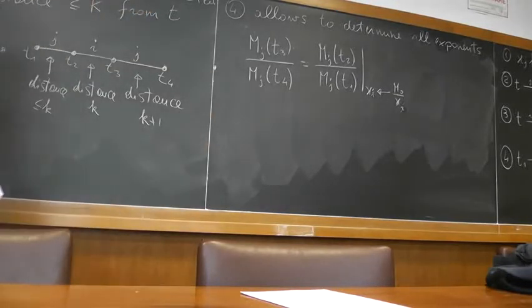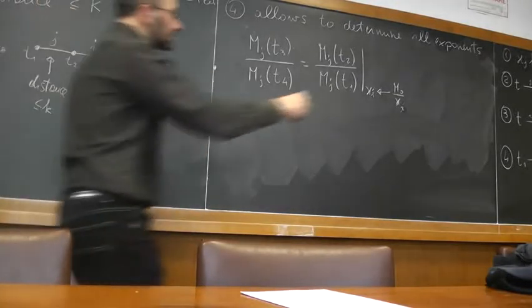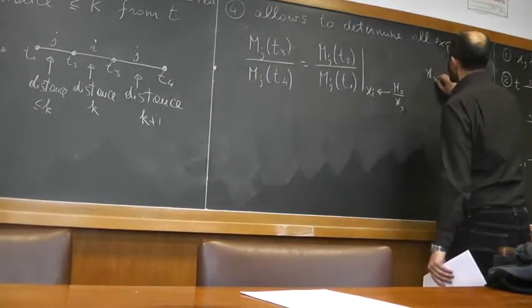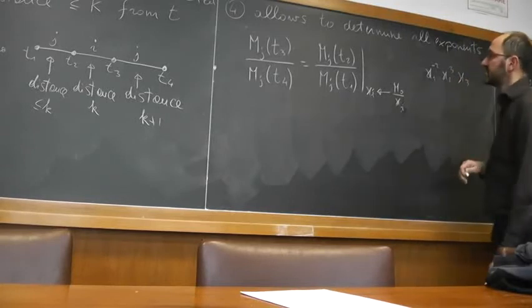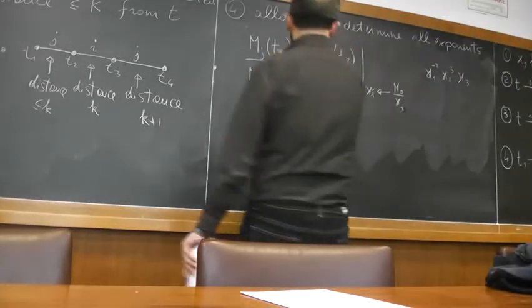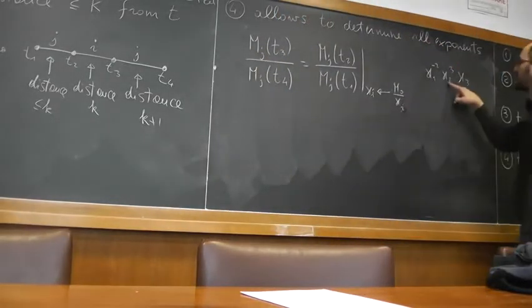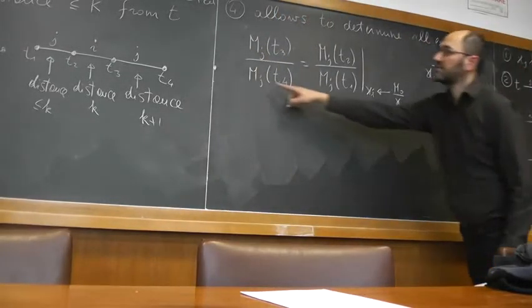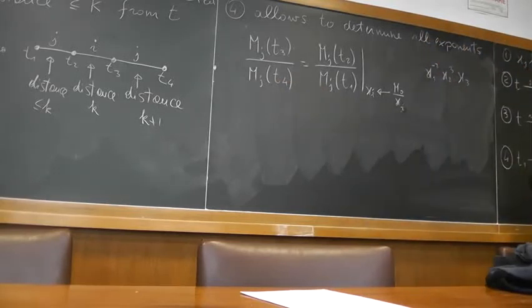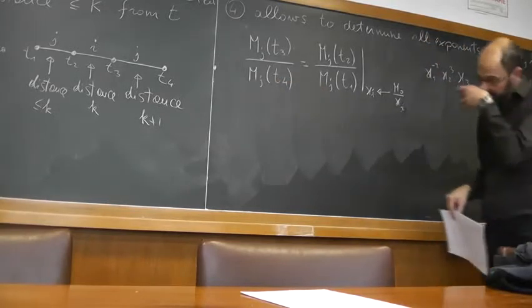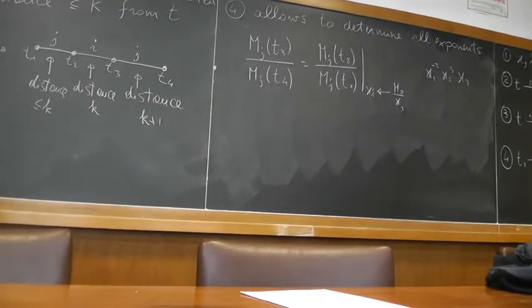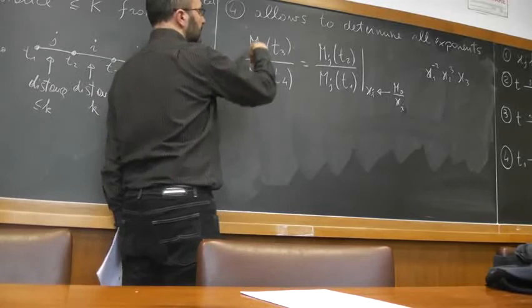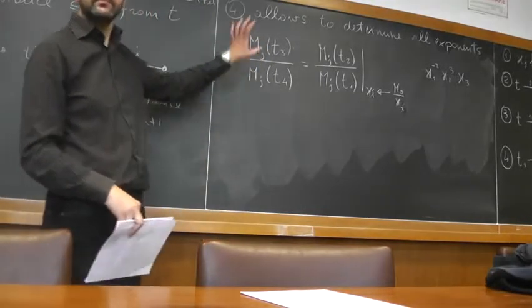So if in this expression we have x1 to the minus 2, x2 to the 3, x3, times some coefficient, then MJT3 is x2 to the 3 x3, and MJT4 is x1 to the 2. Of course, we cannot say anything about the coefficients at this point. We know just the quotient of the coefficients appearing in these two monomials.